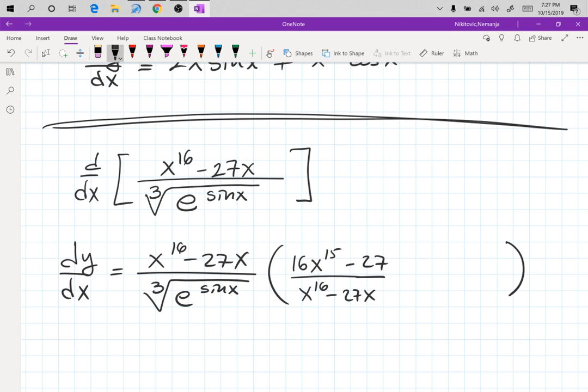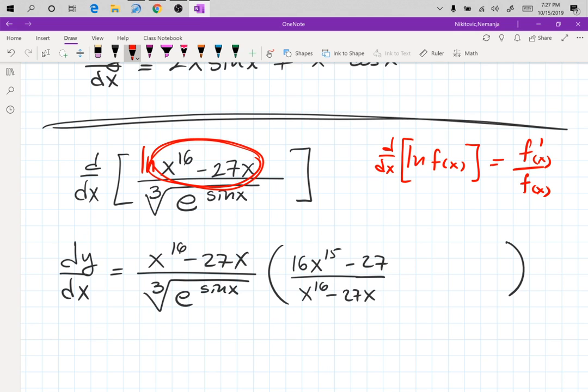Remember that ln of f of x, this is the formula we're using, right? The derivative of ln of f of x is f prime over f. That's the formula. So this is my f. I copy it as is, and I put its derivative on top. That's all it is, which is why we are able to do these things mentally. It's not too much work.